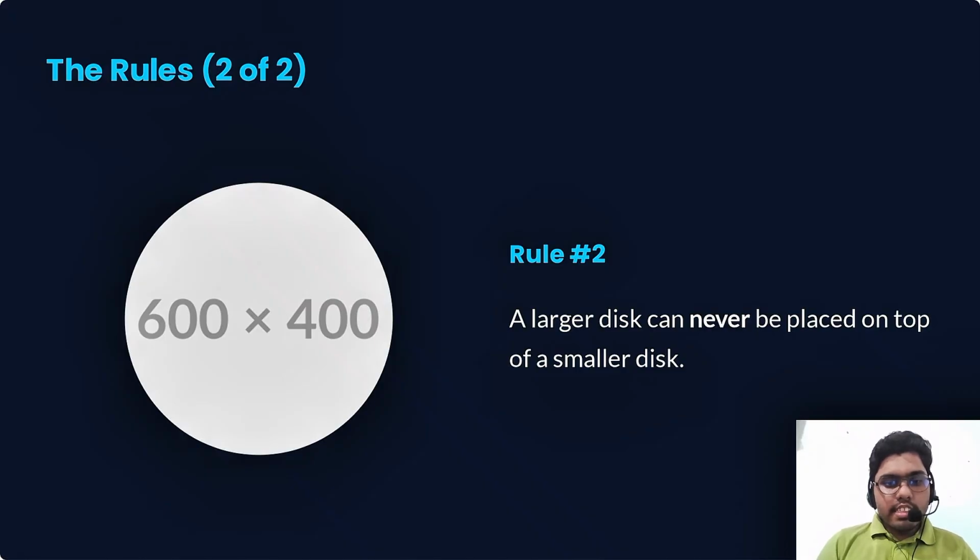This is the rule that makes the puzzle challenging and forces you to use the auxiliary peg strategically. So, to recap, move the whole stack from A to C one disk at a time without ever breaking the size order rule.